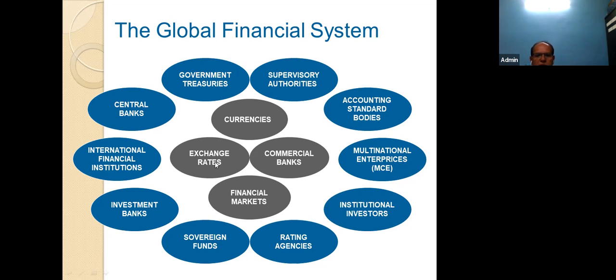So these exchange rates also play an important role in the global financial system. Every country, as per their performance, has its currency rate. Yesterday you told me today's dollar rate in rupees.